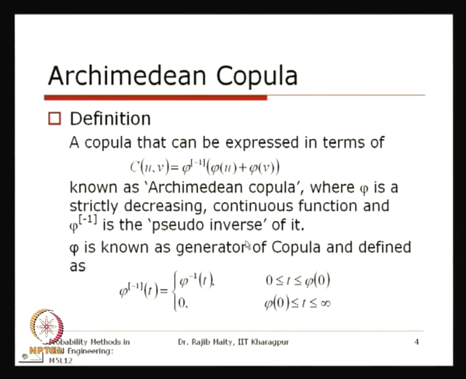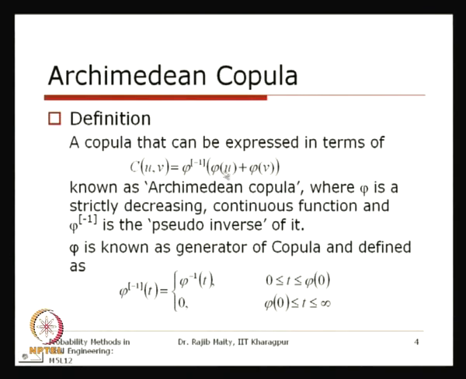So, the Archimedean copula is one special class of copula, and its definition is that a copula that can be expressed in terms of C of u, v, the copula function, is equal to phi inverse of phi u plus phi v. Now, for the bivariate case there are two variables, u and v, and there is a function phi.